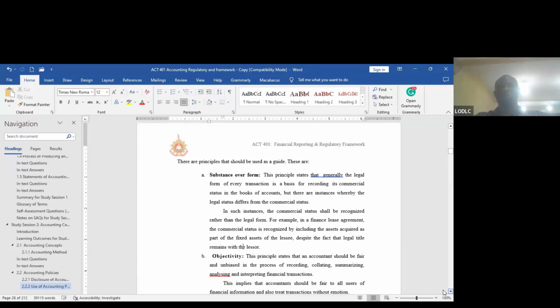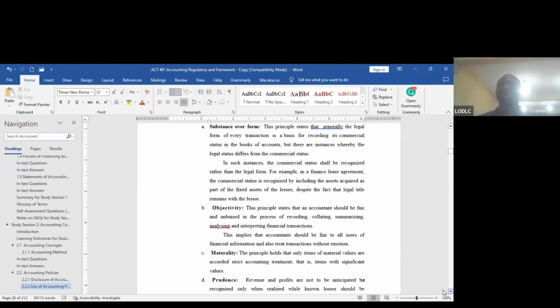When we are talking about finance lease, the lessor has granted the lessee the right to use that particular asset for a considerable period, but the legal title still remains with the lessor. But when the lessee wants to include that transaction in his own books, it is the commercial status of that asset that needs to be recorded.